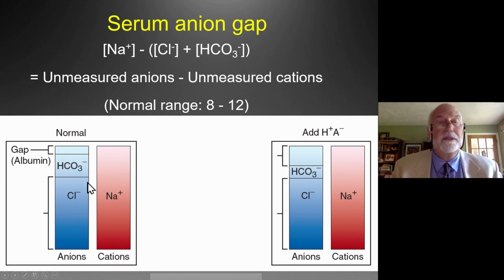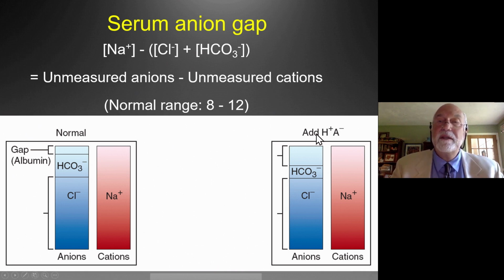We have the negative charges here on the left and, simplistically, the positives on the right, mostly sodium, as we talked about earlier. And it's the chloride and the bicarbonate that are our major anions offsetting these cations. And then we have our gap. And the gap is made up of phosphates and sulfates, but the largest contributor is albumin. And of course, you do want to correct for a low albumin when calculating an anion gap.